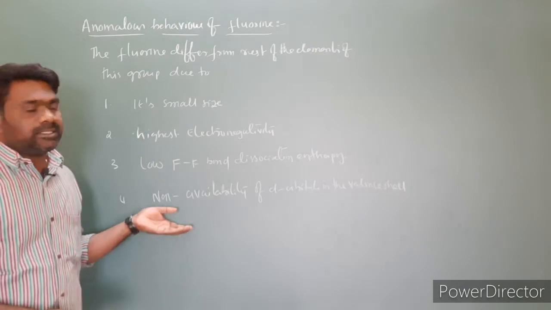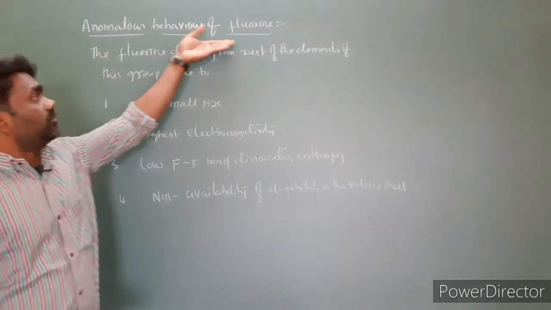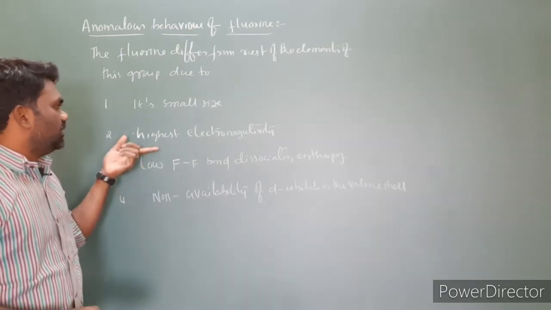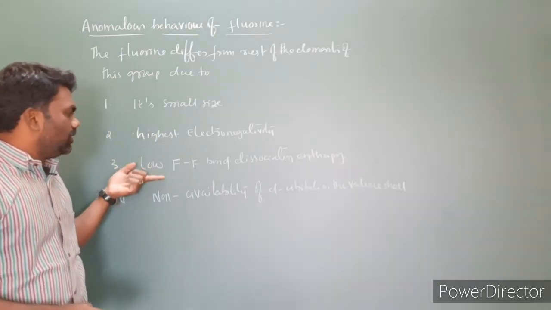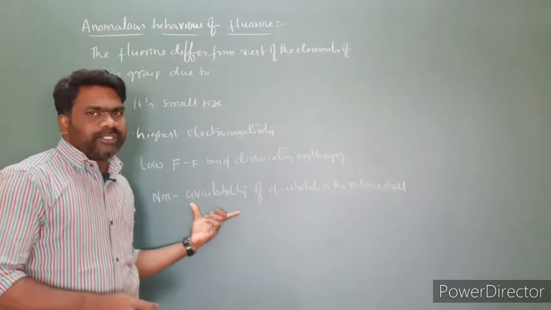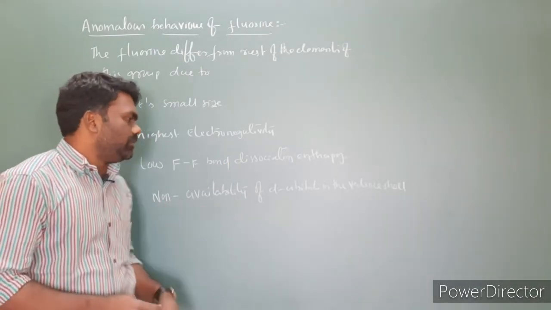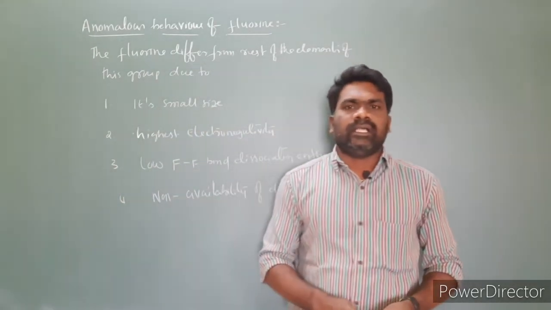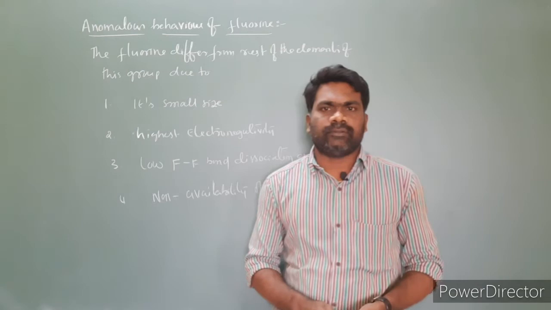These are the reasons for the anomalous behavior of fluorine: its small size, highest electronegativity, low F-F bond dissociation enthalpy, and the last one is absence of d orbitals, nothing but non-availability of d orbitals in the valence shell. So this is the anomalous behavior of fluorine.